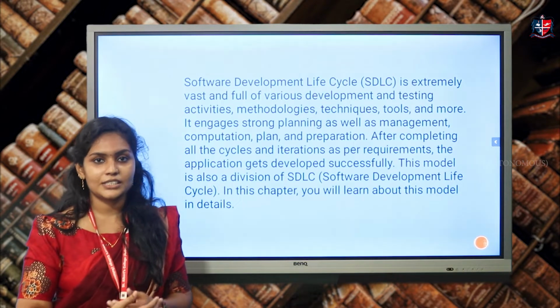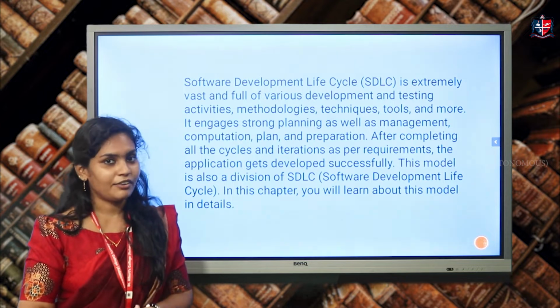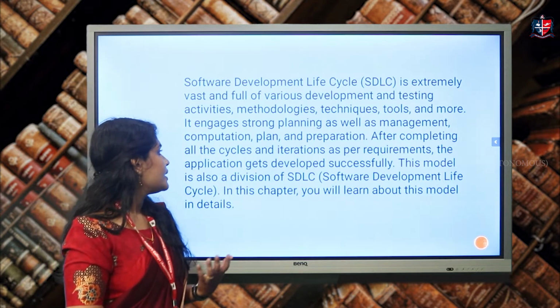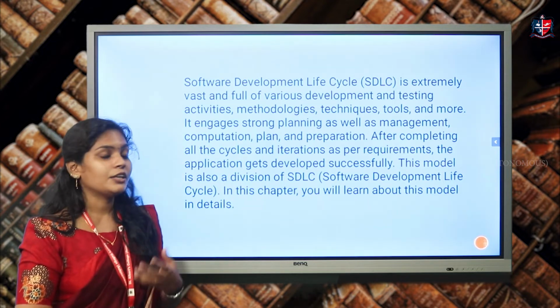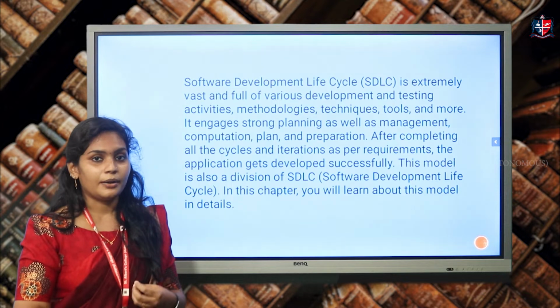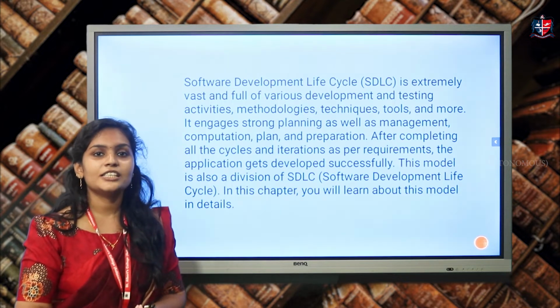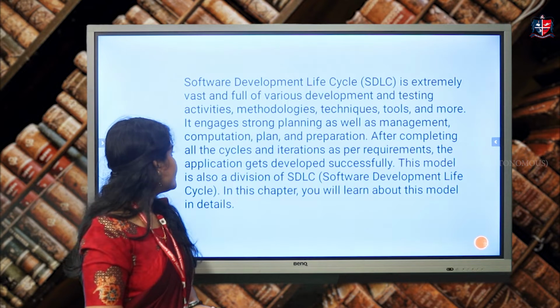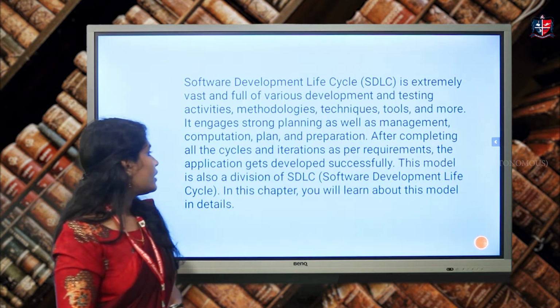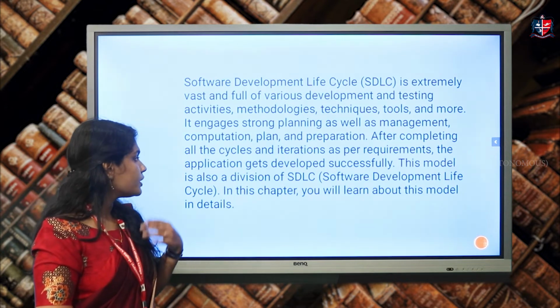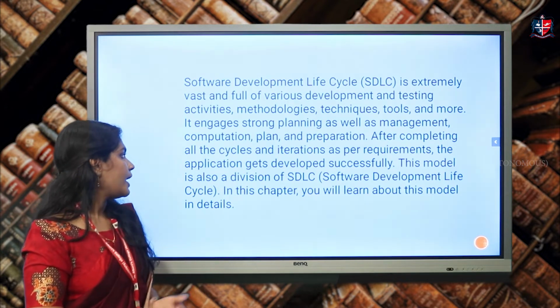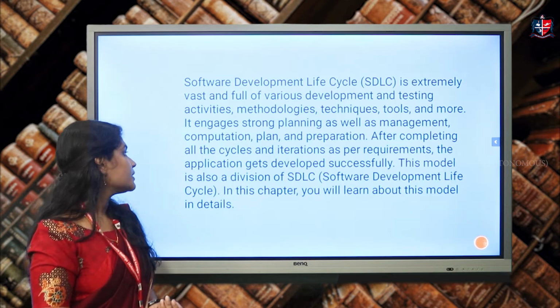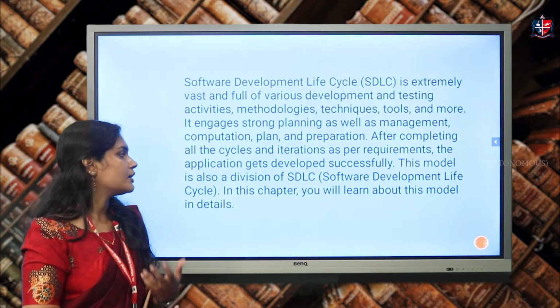Methodology means different steps included in the software development lifecycle, and techniques and tools are used to identify the operations included in each phase. And if you complete the cycle and the iteration as per the requirement, the application gets developed successfully.